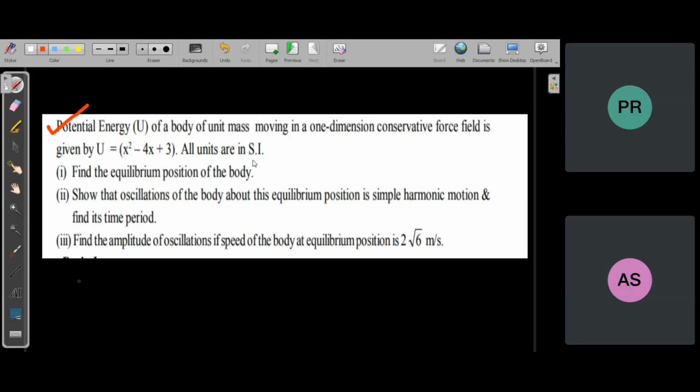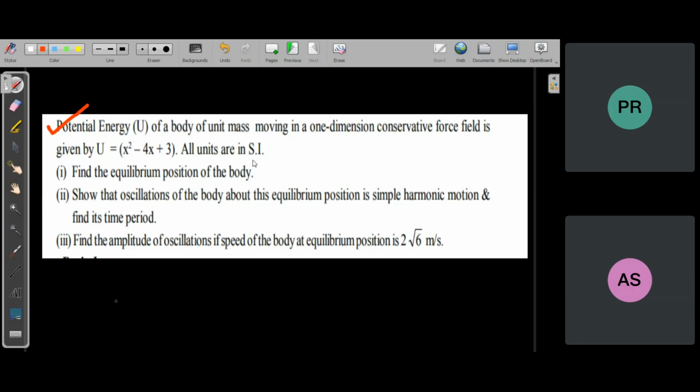Time period is... Tell me. So the motion is simple harmonic motion, sir, and the time period of this motion is root 2 pi, sir, for the second one.